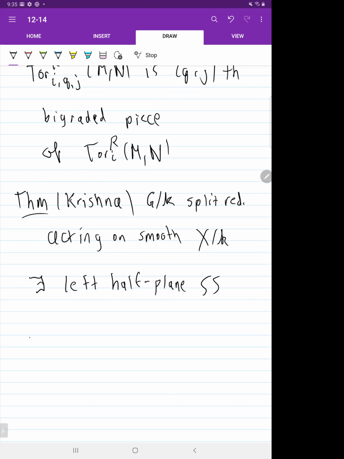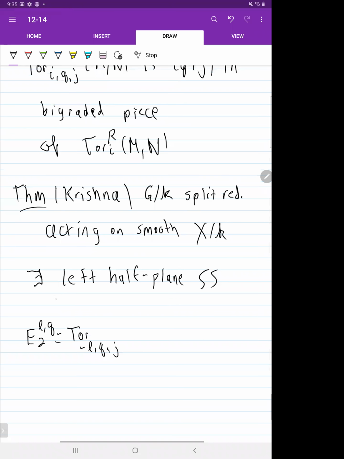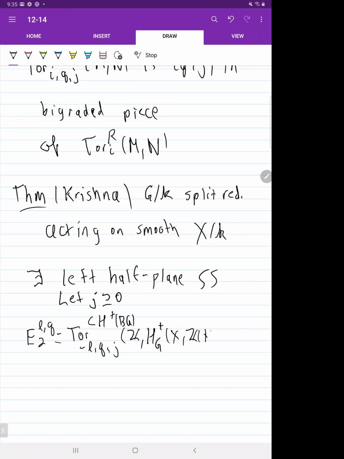So E2^(l,q) is equal to Tor of Chow ring of BG and Z, and then the G-equivariant motivic cohomology of X, and then you have to invert the torsion index.